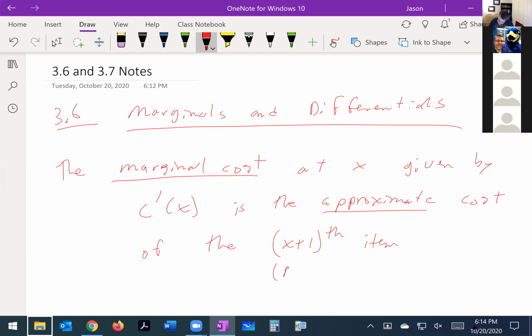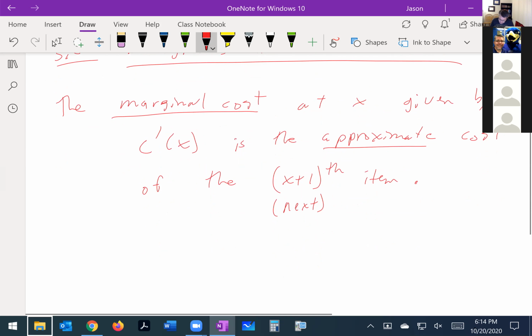Think of it as the next item. Okay, where we have c of x plus 1, the cost of the next item is approximately equal to the cost of the previous item plus the change in cost, plus c prime of x.